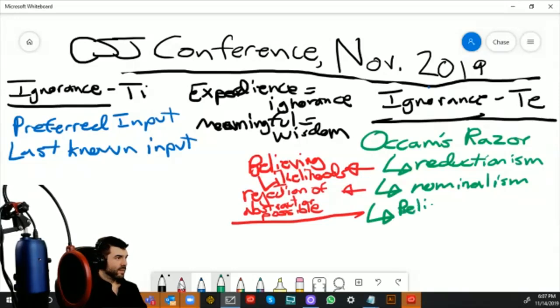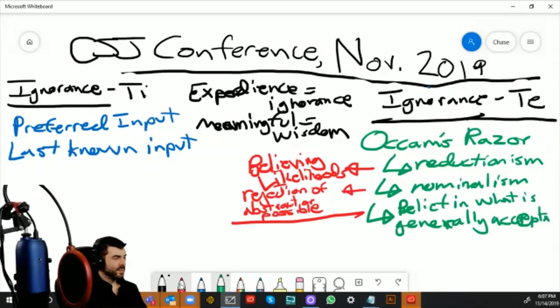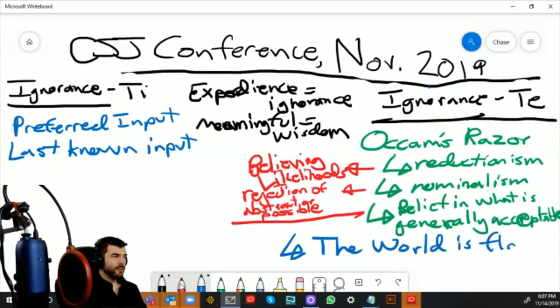Belief in what is generally acceptable, or generally accepted ideas. Which means people wielding Occam's razor could end up believing in this: the world is flat.